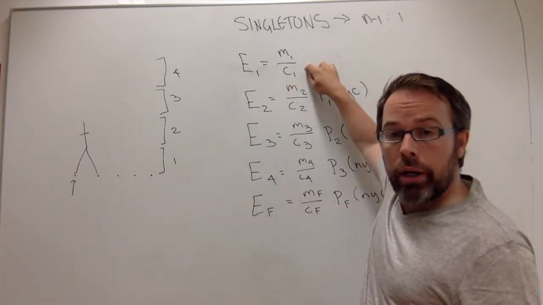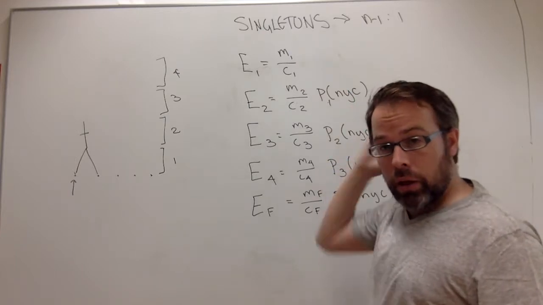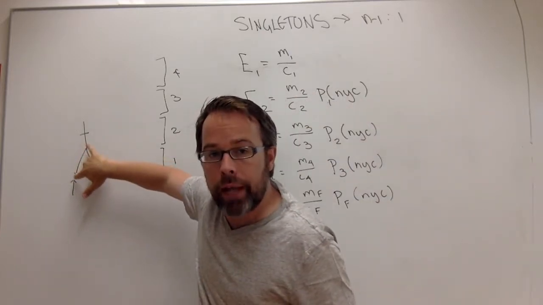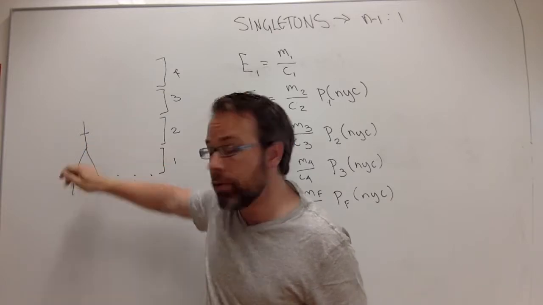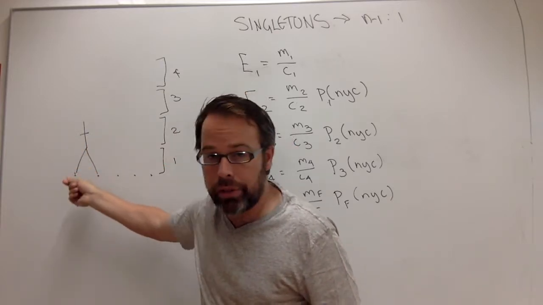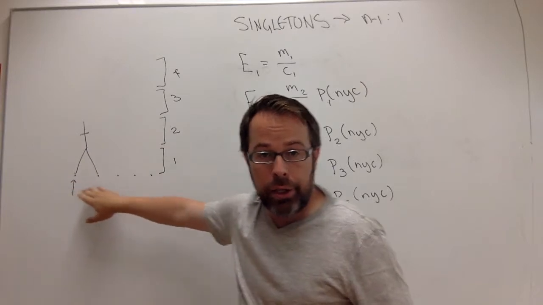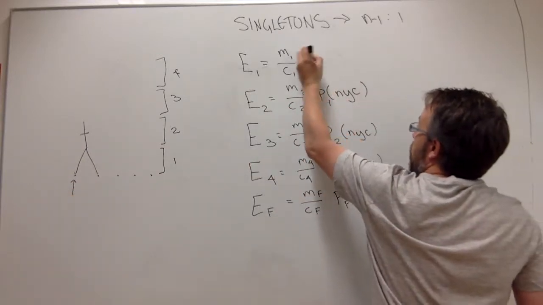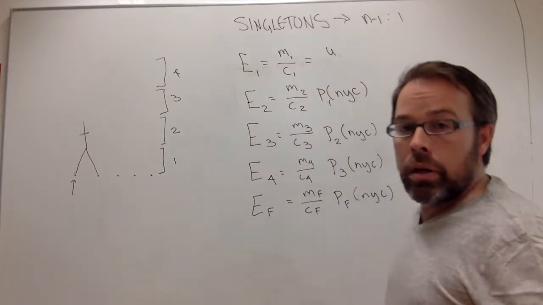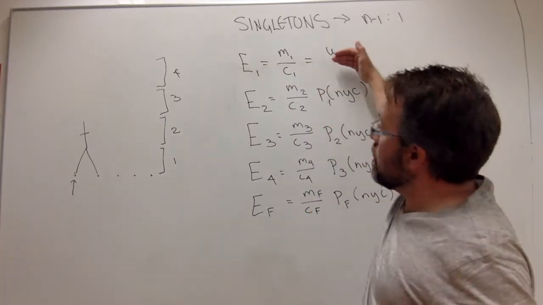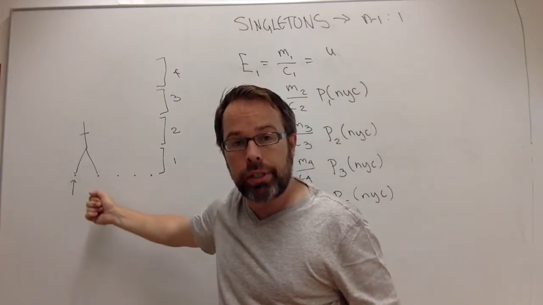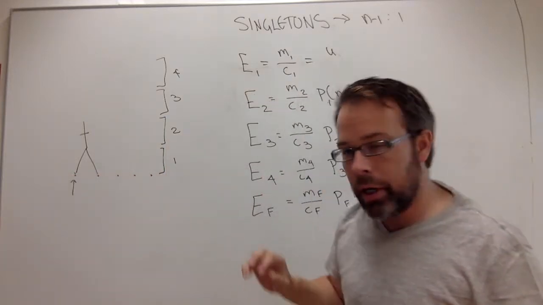So what are M1 and C1 in this case? Remember, we're just following one sequence, so our relevant mutation rate is the mutation rate in that sequence. It's no longer U times 5, or U times n, it's now just U. And the rate of coalescence?